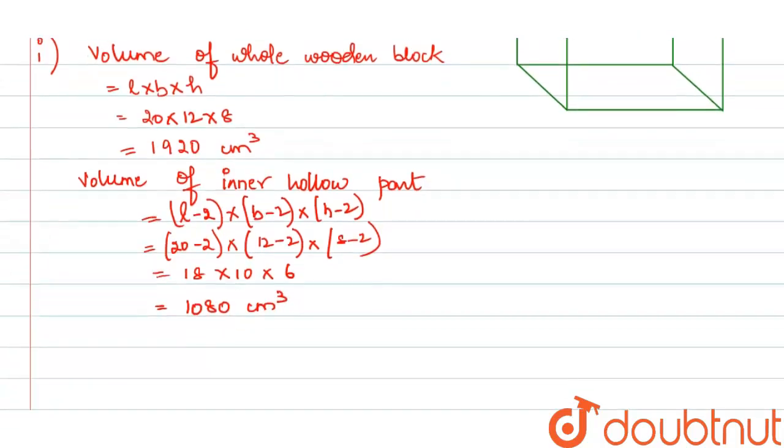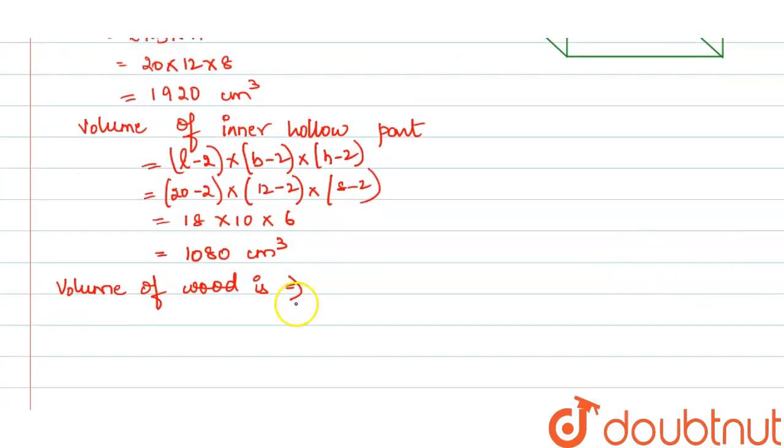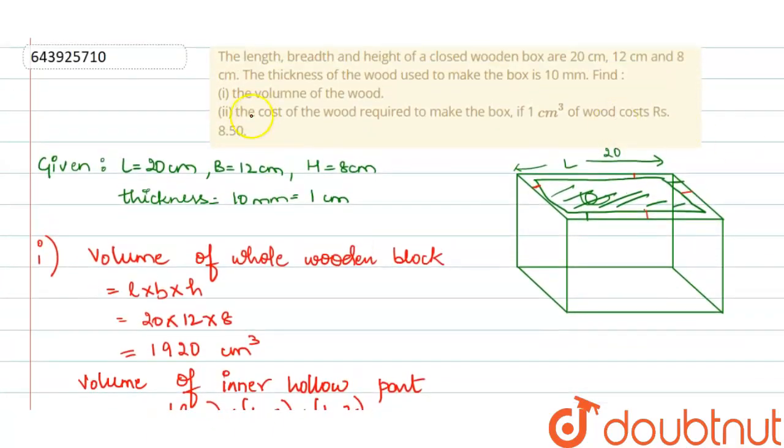So this is the volume of the inner hollow part. Therefore the volume of wood is the whole wooden block minus the inner hollow part: 1920 minus 1080, which is 840 centimeters cube. So the first part is done.